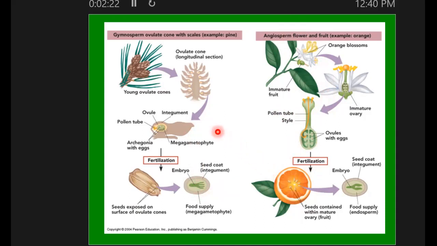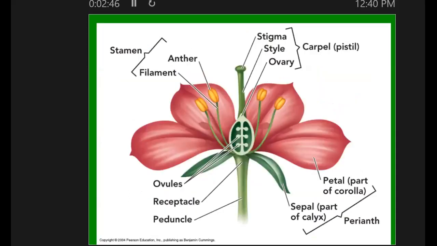So oranges, of course, are bright orange in color when they're ready to go, and they're attractive to visual organisms like us that want to come along and eat it and eat the seeds, and then the seeds get deposited out somewhere else, hopefully away from the mother tree, and get growing. So very different strategies, and we need to think about the flower. So you're going to see this in lab as well on Thursday.